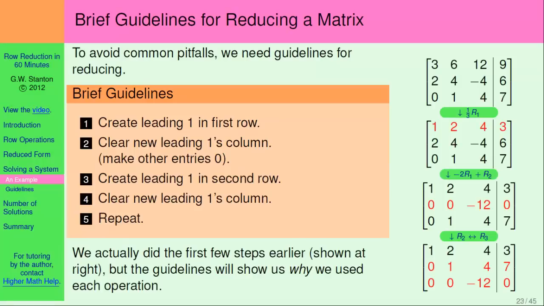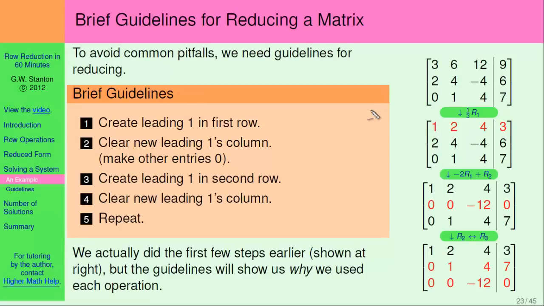Okay, so we actually did the first few steps in a previous video, but at that point we were just learning how the operations worked. Now we're going to understand why we would want to use each operation.